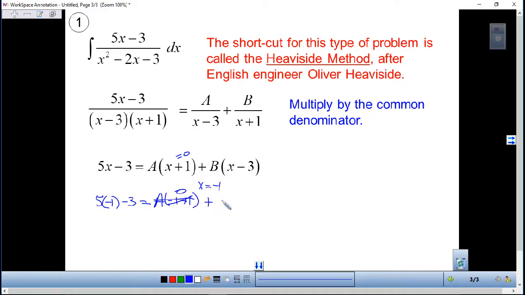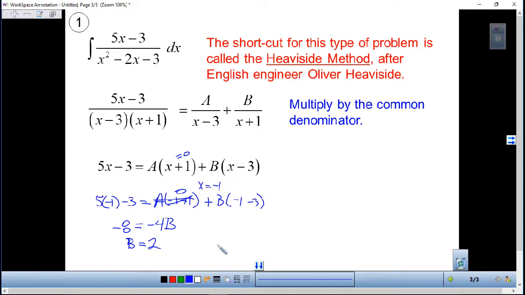And then plus b times -1 minus 3. Well, -1 minus 3 is -4, so we get -4b is equal to -5 minus 3, which gives me -8. Divide both sides by -4, and b is going to equal +2. Well, if you remember, that's the same thing we had over the top of x plus 1 in the last case.